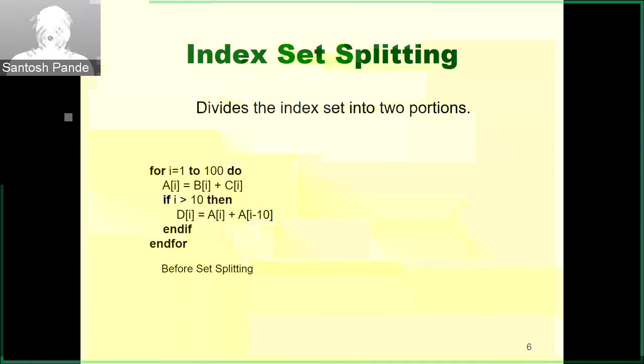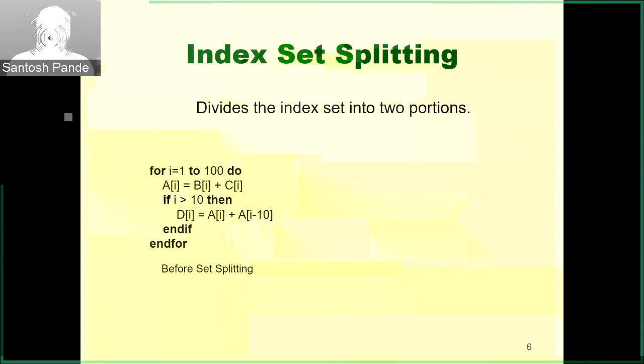The loop will first just execute the first statement, ai equal to bi plus ci. But from iteration 11 onwards, it will execute both statements.